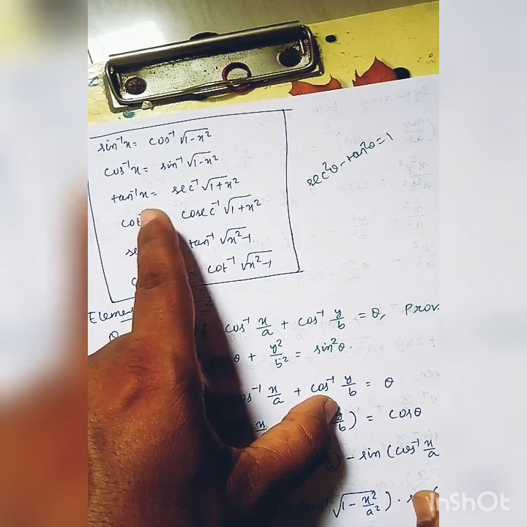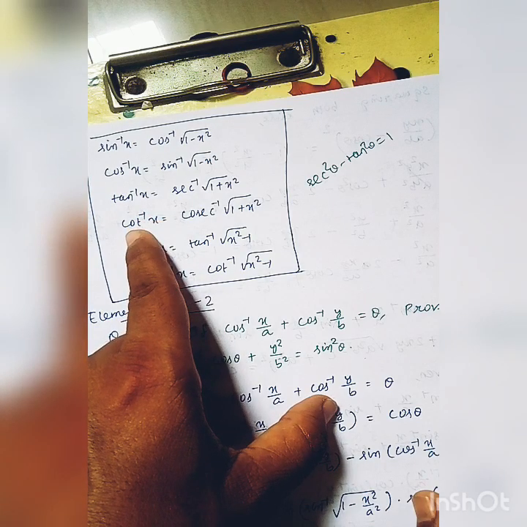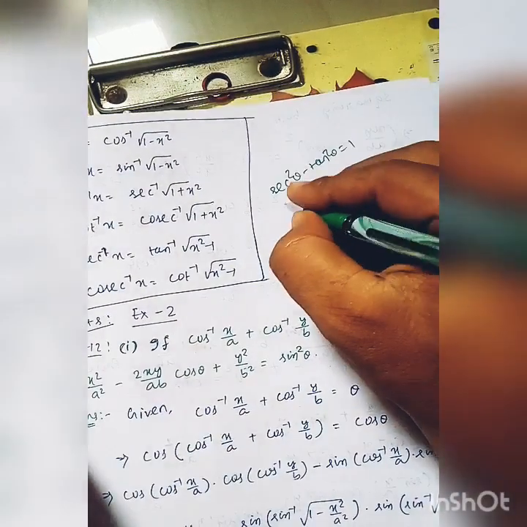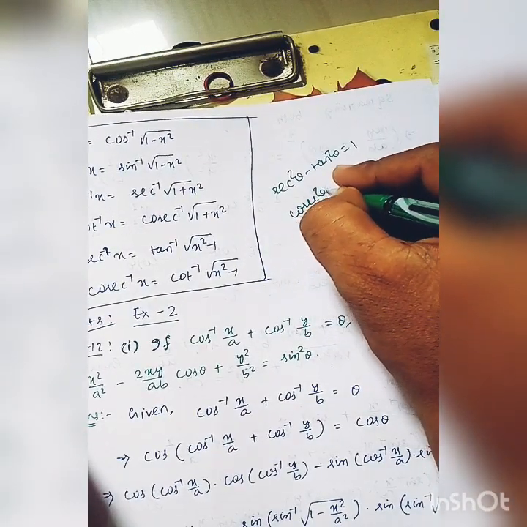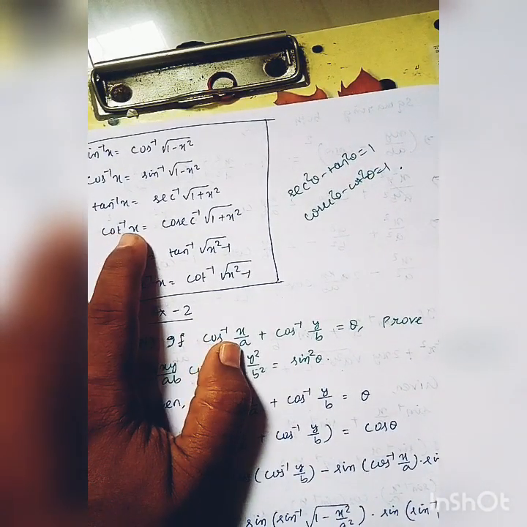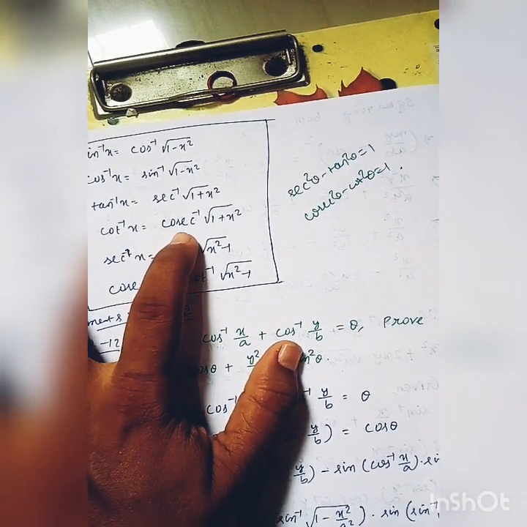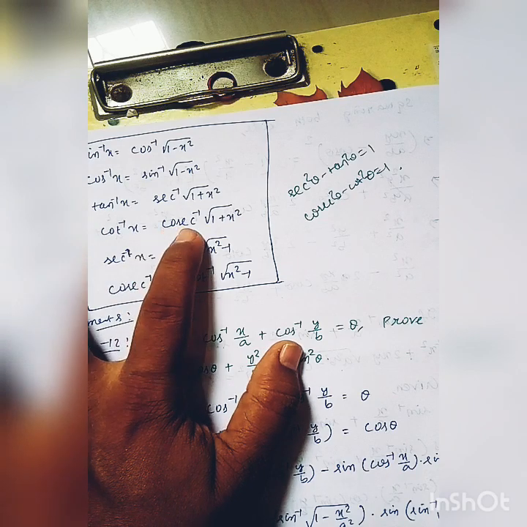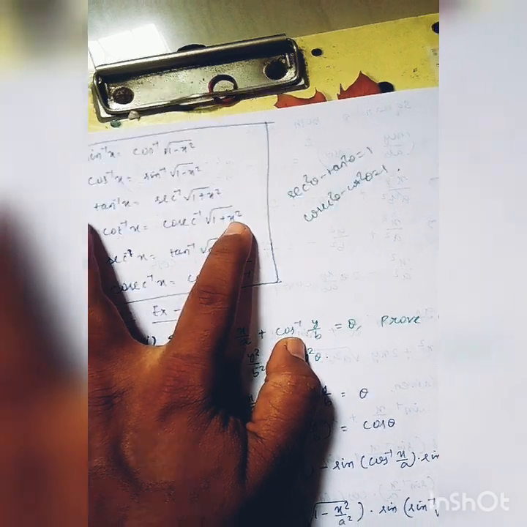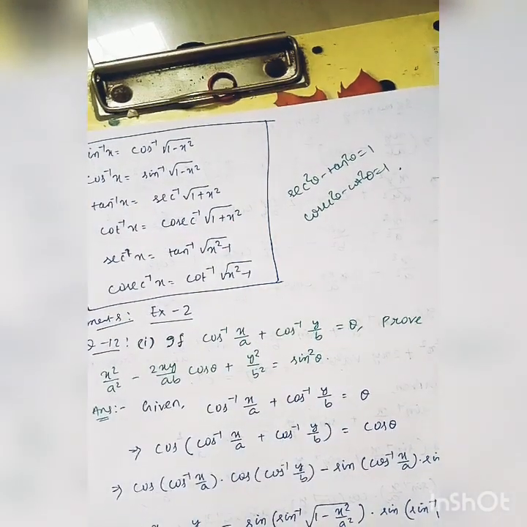Similarly, cot inverse x, we know that cosec and cot are related in the trigonometric identity, that is cosec square theta minus cot square theta equal to 1. If cot inverse x is given, immediately we can find cosec inverse of this. We know that cosec theta equal to square root of 1 plus cot square theta, that is square root of 1 plus x square.